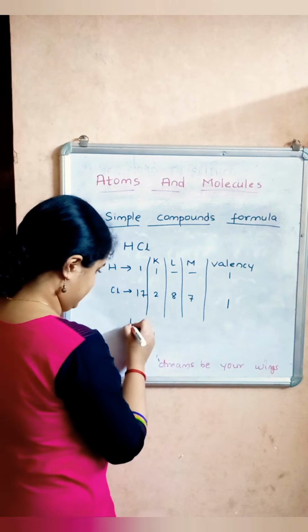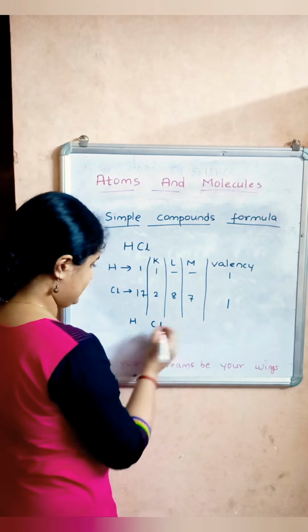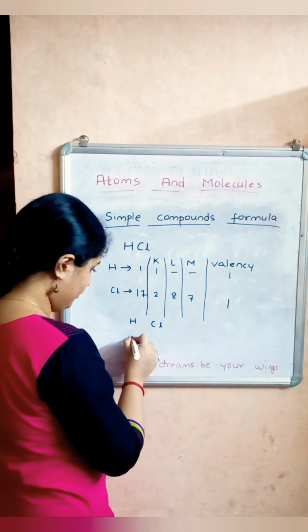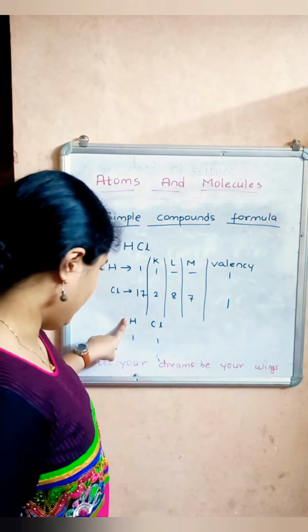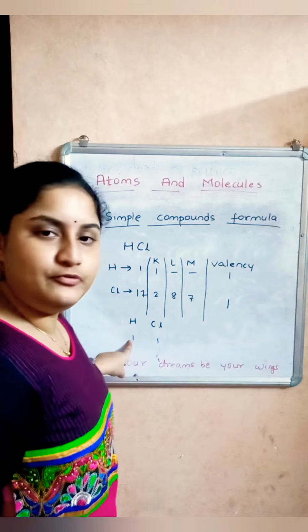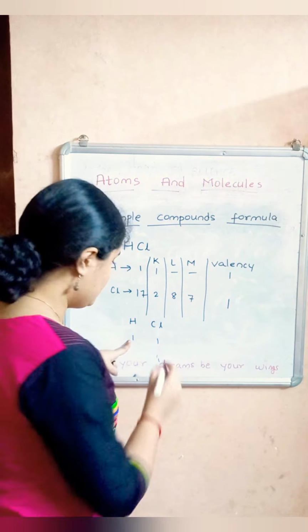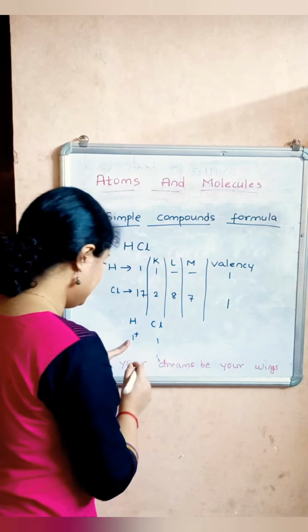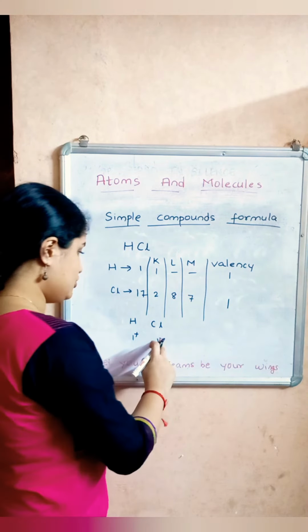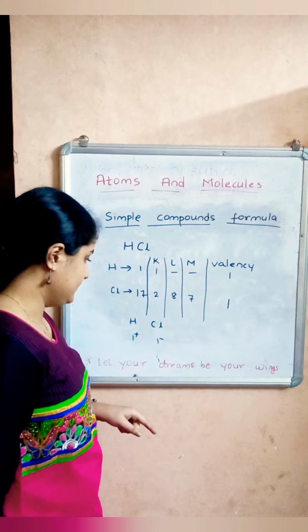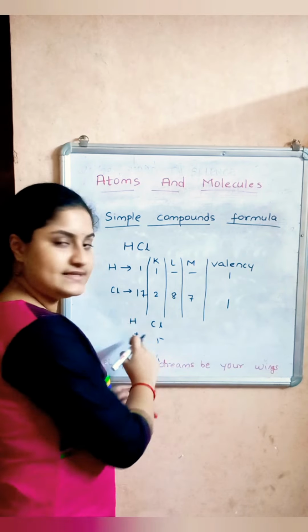Now, you have to write it like this, that is H and Cl, and below you have to write the valence. Okay. Now, for hydrogen, okay, it will prefer to lose this electron. So we denote it by 1 plus, and Cl will prefer to gain 1 electron. So that is denoted by 1 minus. So this is known as a cation.